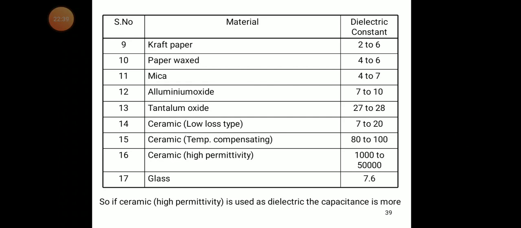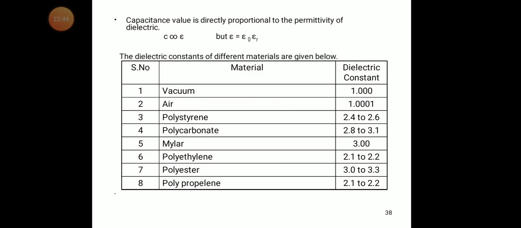Vacuum has a dielectric constant of 1. Air is 1, and polystyrene is 2.4 to 2.6. The dielectric constant is also important because the capacitance value depends on the dielectric constants.